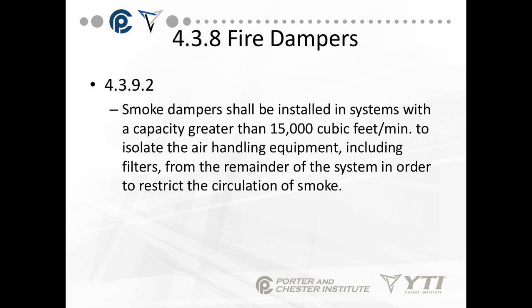If we use 400 CFM per ton, we can say that this is basically anything over 4 tons. 400 times 4 is 1,600, so it's just a little bit under 4 tons of cooling. You do not have to have smoke dampers below that. Anything over 4 tons, you have to have smoke dampers.